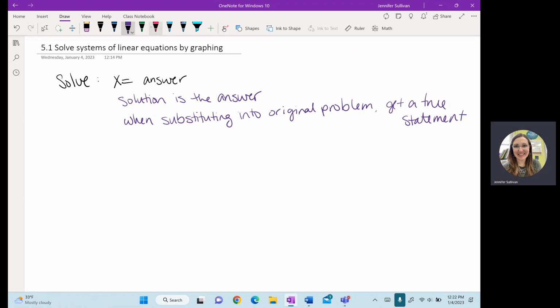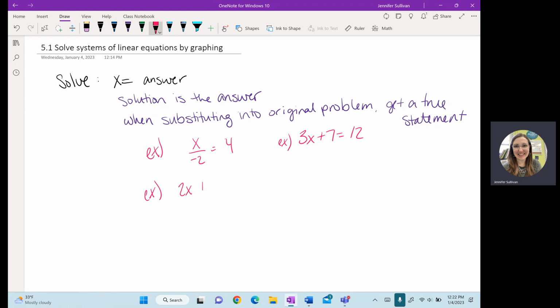So far in this school year, when I've asked you to solve something, we've only had one variable. We've been in the type of examples where we might have seen x divided by -2 equals 4, or maybe a little bit more complicated, 3x plus 7 equals 12, or maybe even a little bit more complicated, we saw variables on both sides.